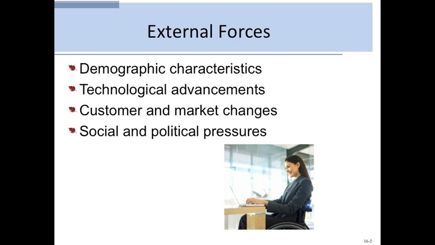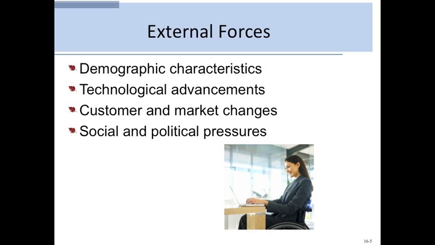Well, one type of external force that can definitely motivate change, and we've in fact seen some of that already in this class, is demographic characteristics. Things like age, income levels, ethnicity, gender makeup of populations, all of those things can require organizations to change both their internal processes, especially when it comes to hiring and recruiting policies, but also how they present their goods and services to customers.